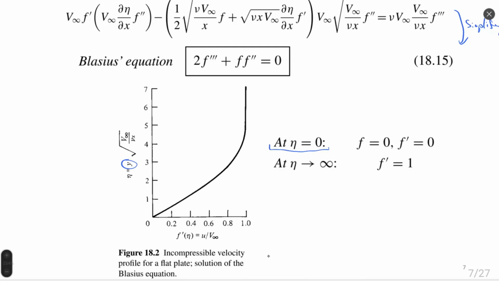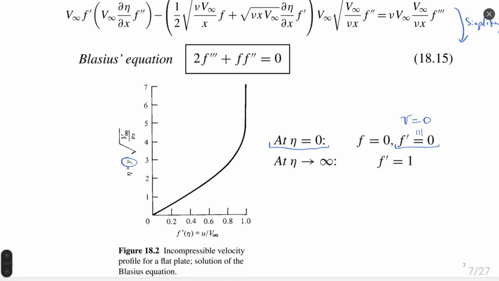It means that the velocity on the wall, f prime, would be equal to 0. So it's equivalent to v equals 0. And f equals 0 gives us the streamline number. This could be any value that we would like to start from, so 0 streamline on the surface.